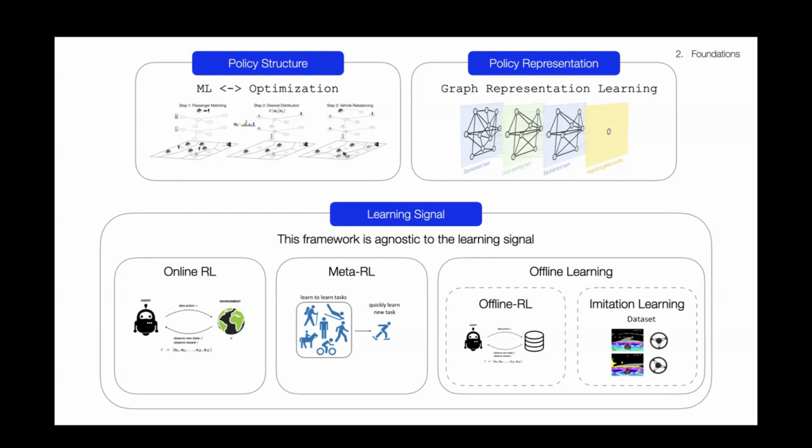We could see this learned through other types of reinforcement learning, such as meta reinforcement learning or offline reinforcement learning, or even through something like imitation learning or behavior cloning, right? So this overall scheme doesn't really care about how we get the gradients for the parameters of our policy. We are just describing our overall framework, so the structure and the representation, but we don't really care how we get the gradients. We could get these through RL or through supervised learning. This holds regardless.